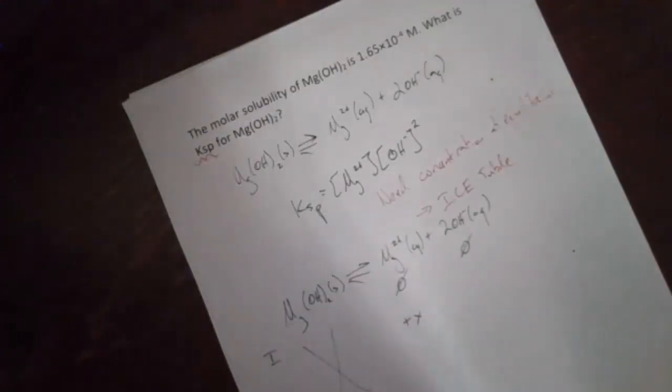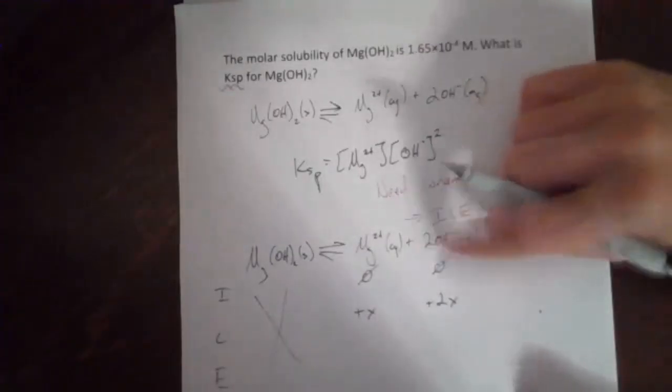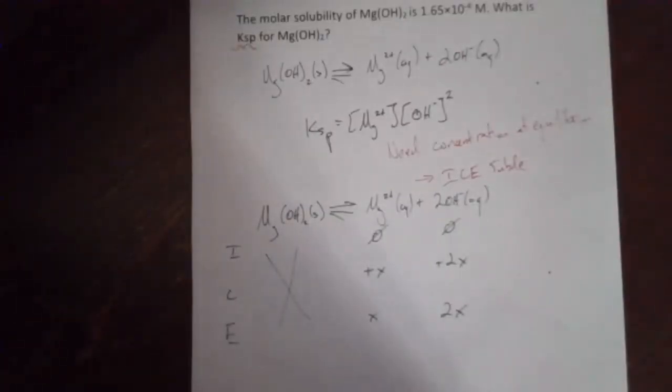We can then predict the shift. We want to be sure those shifts are always going to be plus, always shifting to the product side. We want to be sure to get the coefficients, so the 2 hydroxides becomes plus 2x. So the concentration of magnesium would be x, and the concentration of the hydroxides would be 2x.